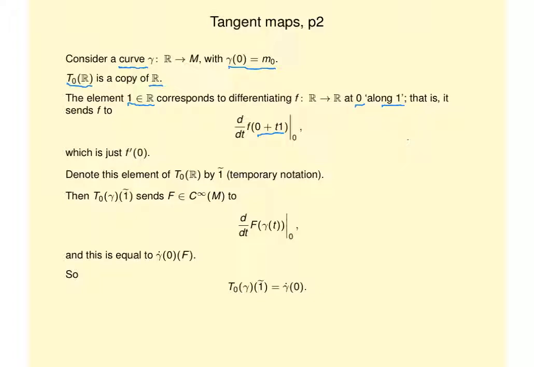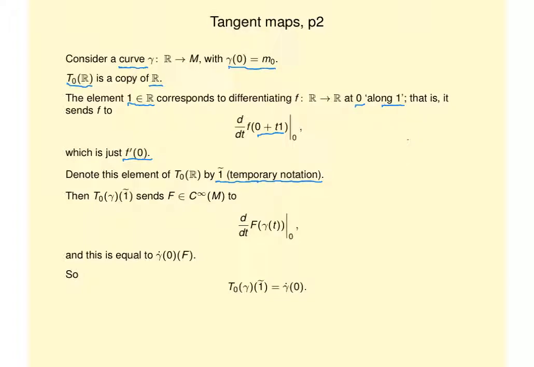So indeed, the differential operator to which this element 1 of the tangent space corresponds is just ordinary differentiation of this real-valued function at 0. Okay. So just for the moment, I'll denote that by 1 tilde. Spivak has a 0 downstairs. We might come back and need that later on, but not now.